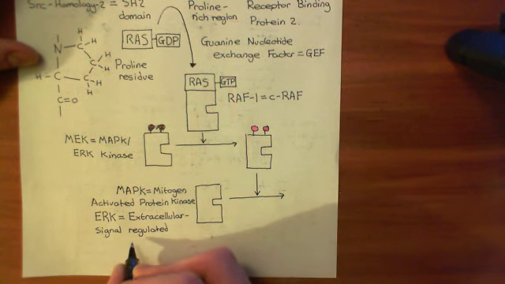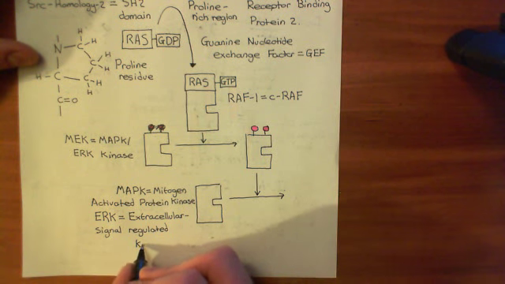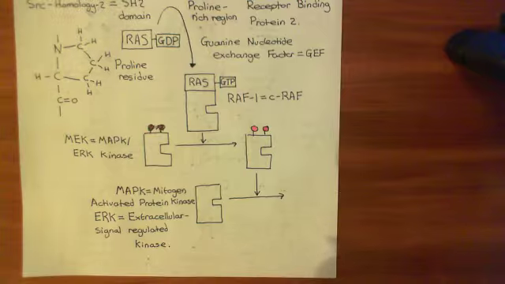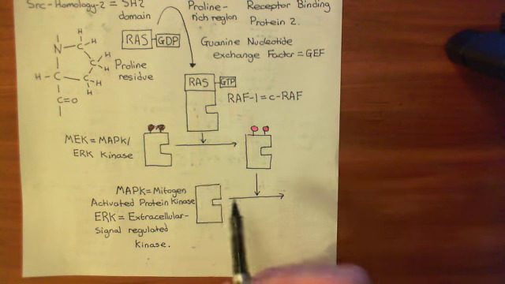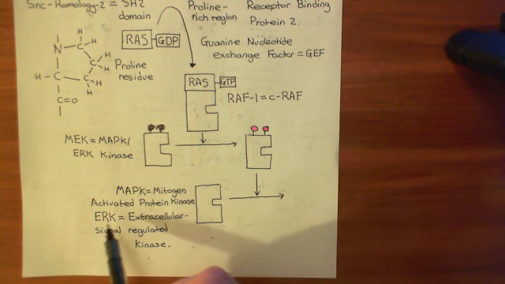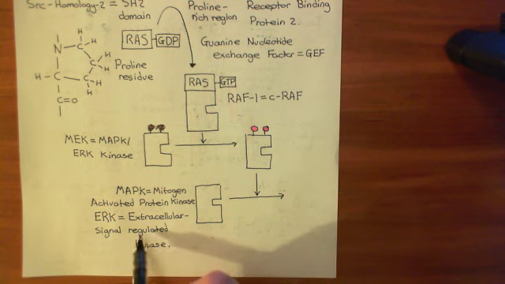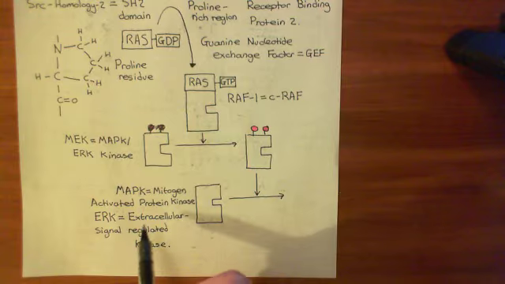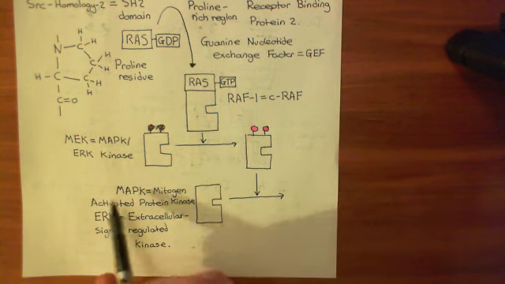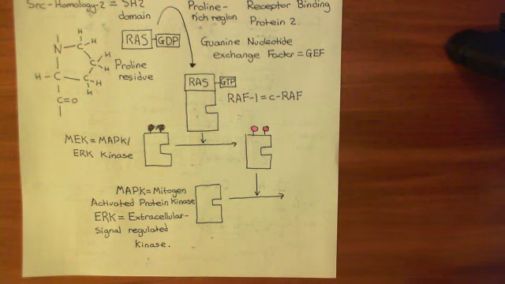You can call it the mitogen activated protein kinase or the extracellular signal regulated kinase, which is why people often call this pathway the mitogen activated protein kinase/extracellular signal regulated kinase pathway. They put a forward slash like that. So, MAP kinase ERK pathway.